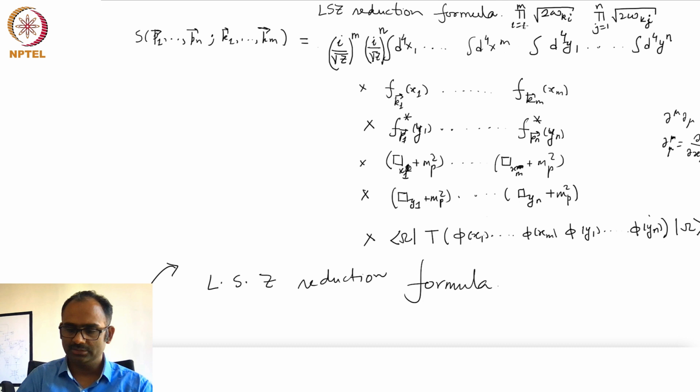Okay. So, this also should be multiplied. So, I will put a cross here, so that the equation starts from this place. I am sorry that this is not looking so nice, but this is what it is. Okay. So, that is our LSZ reduction formula.